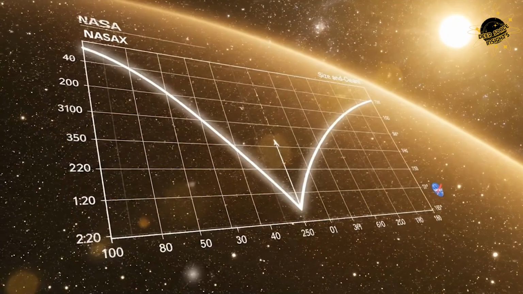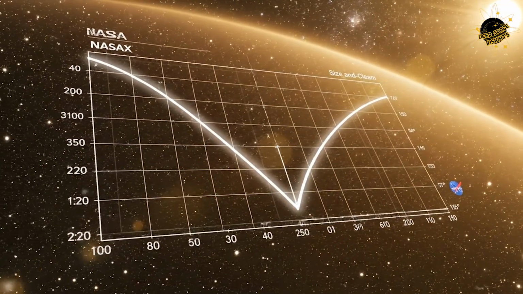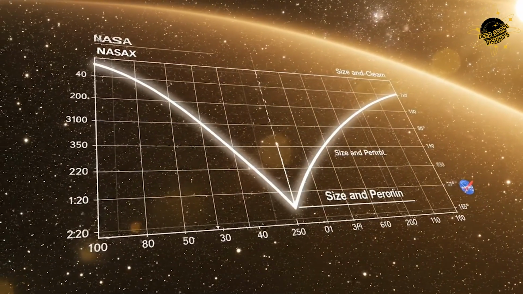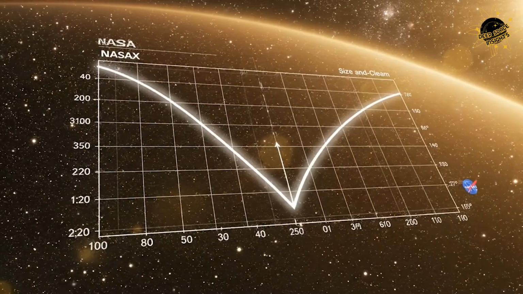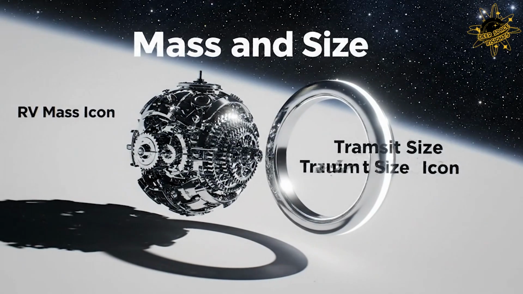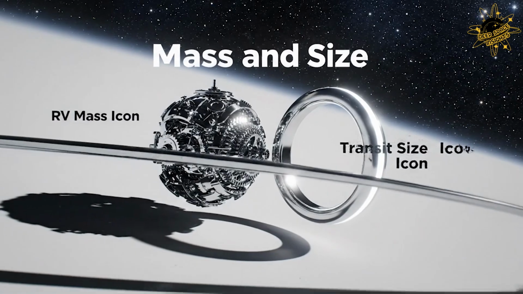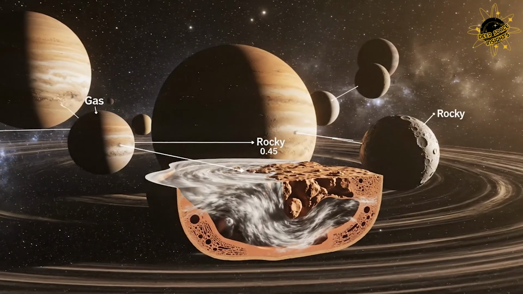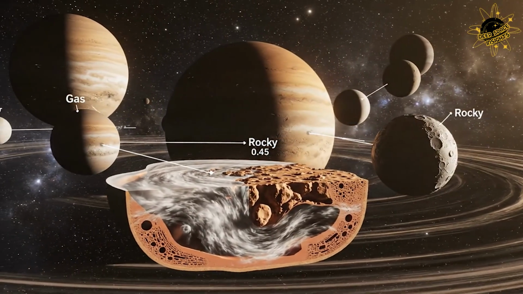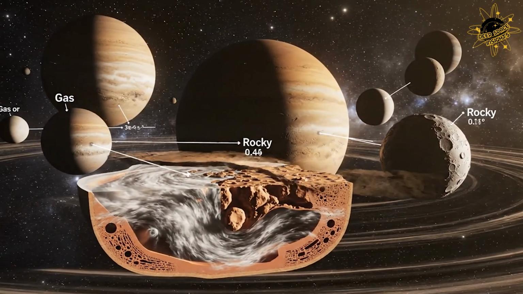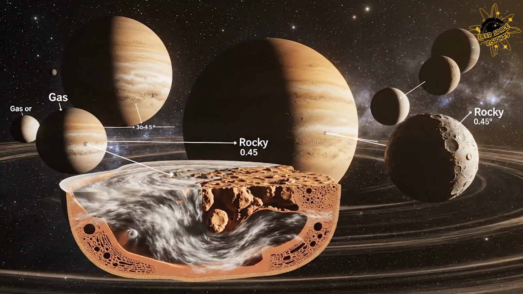This dip directly gives the size and orbital period of the distant exoplanet. Both methods together, mass from wobble and size from transit, provide the key planetary density. Density is what determines if a world is gaseous, icy, or rocky like Earth.